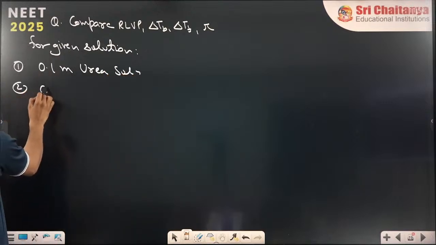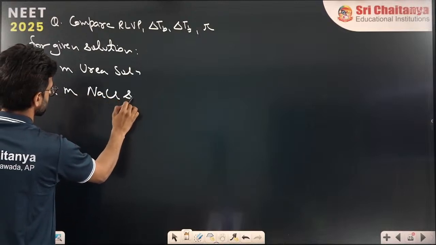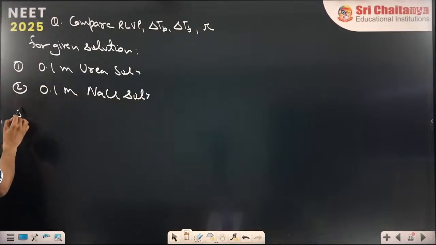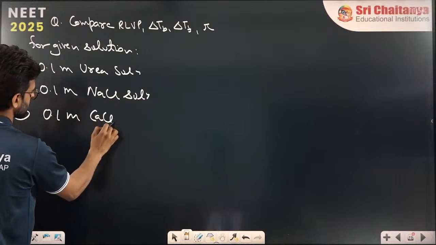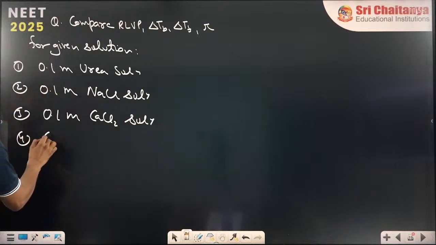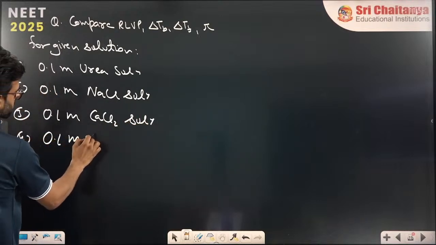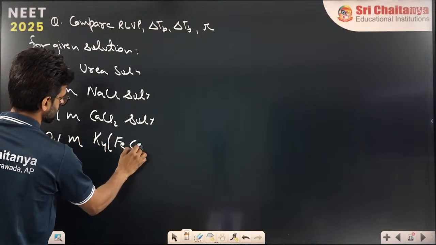Here I am having 0.1 molar NaCl solution. Here we are having 0.1 molar CaCl2 solution, and here we have 0.1 molar K4[Fe(CN)6] solution, right?